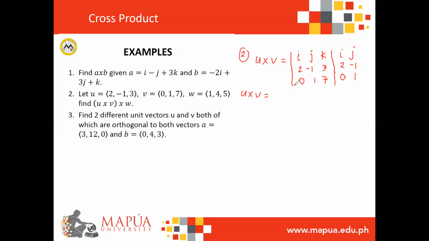So obtaining now the cross product, starting from the upper left corner again, multiply i times -1 times 7, that's negative 7i. Then you have j times 3 times 0, that is 0. Then k times 2 times 1, that is 2k.